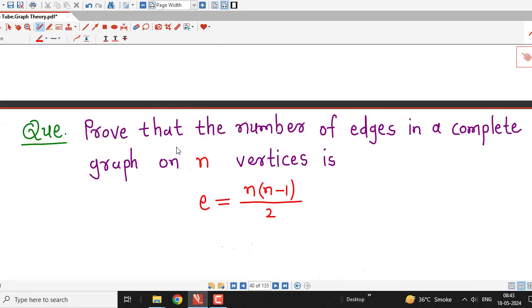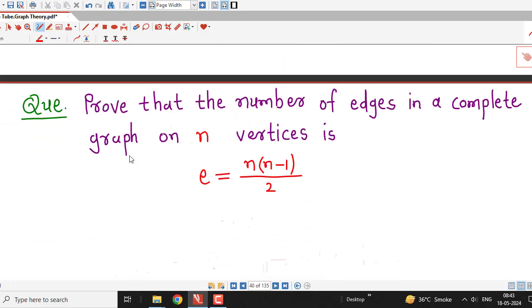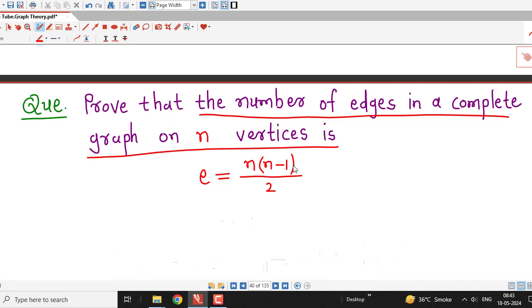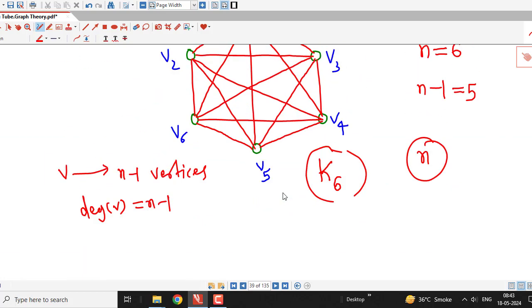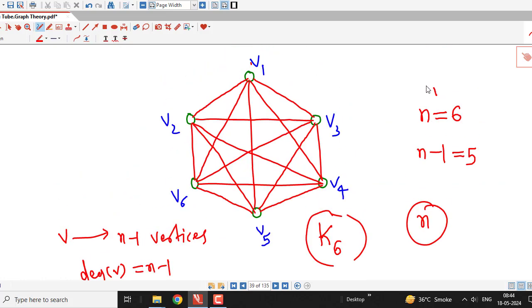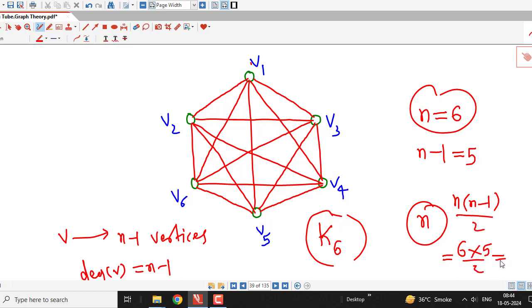Now we can prove this result on the complete graph. We can prove that the number of edges in a complete graph on n vertices is n into n minus 1 divided by 2. We can check here that n is 6, so n into n minus 1 by 2, that is 6 into 5 divided by 2, and that turns out to be 15.